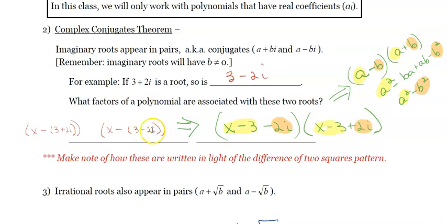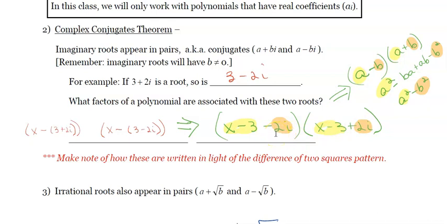This form right here is your first step, but it should not be your only step. You should then distribute this negative here and here. That gives me x minus 3 minus 2i and x minus 3 plus 2i. You're probably thinking, well, that makes it worse.